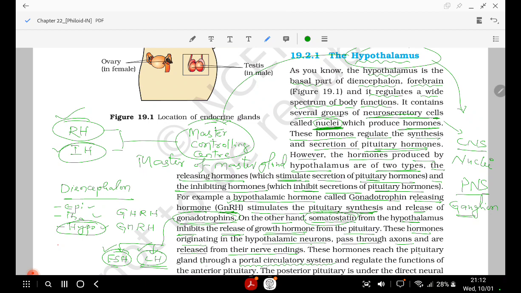So through the portal circulatory system, they regulate the functions of anterior pituitary.